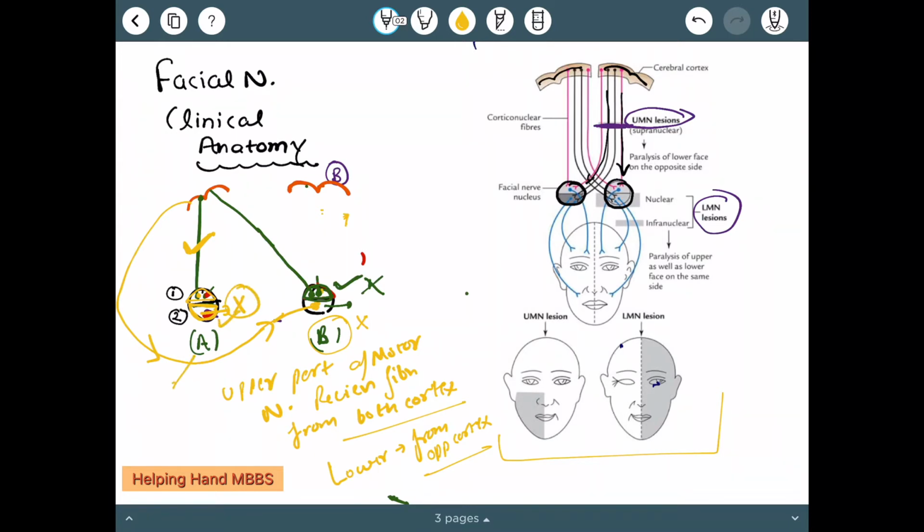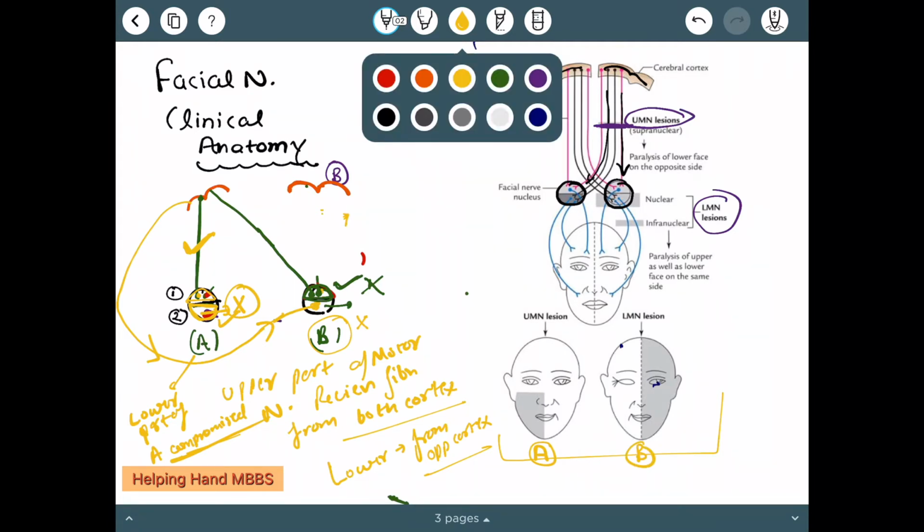So the lower part of A will be compromised. Now you can understand this figure very clearly. Let me label this A and this as B.